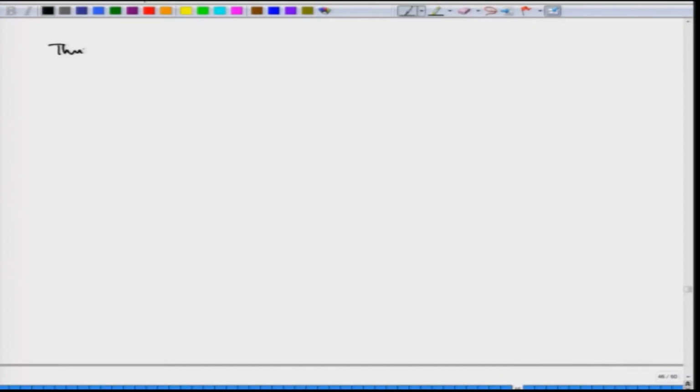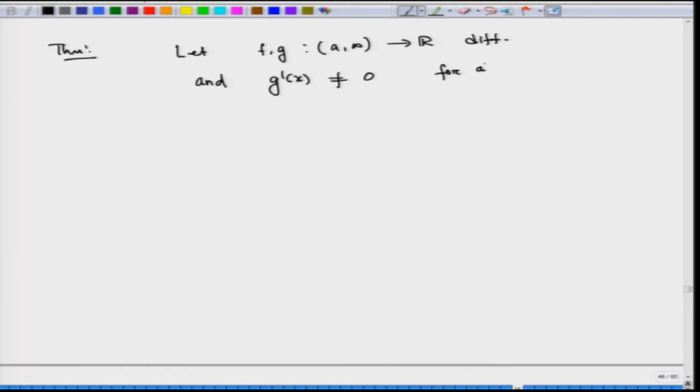So, this is the theorem which we can derive easily from the L'Hopital rule: let f and g, defined from a to infinity for some a, be differentiable, and g prime of x is not equal to 0 for all x in (m, infinity) for some positive m.